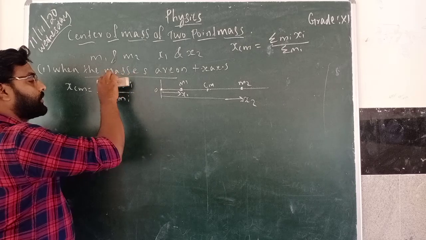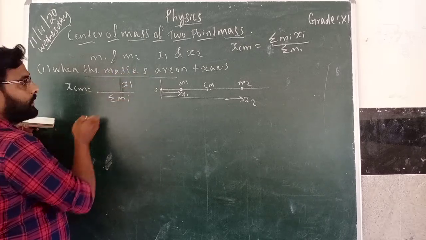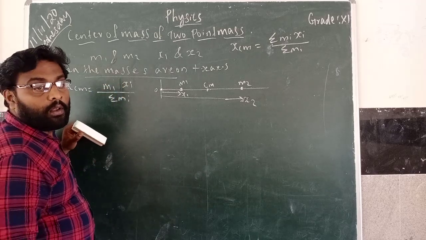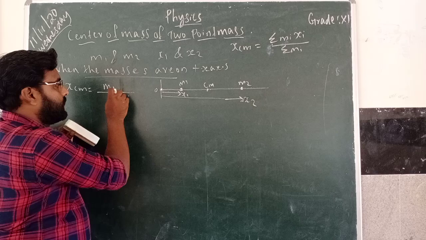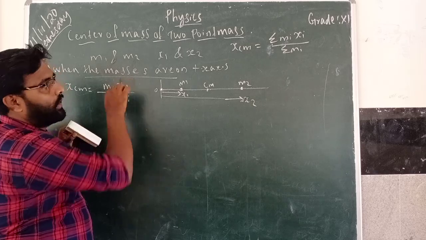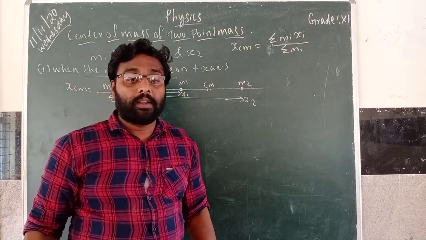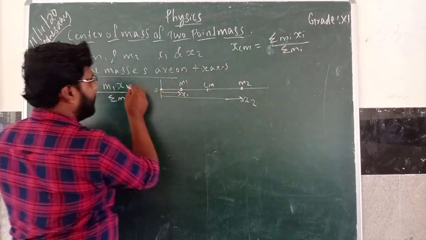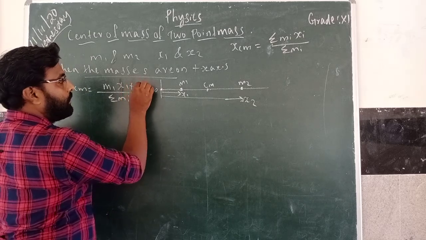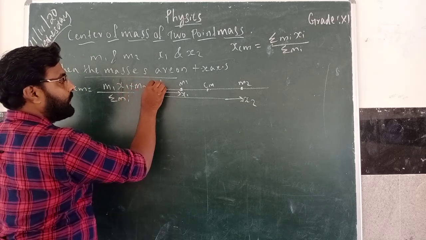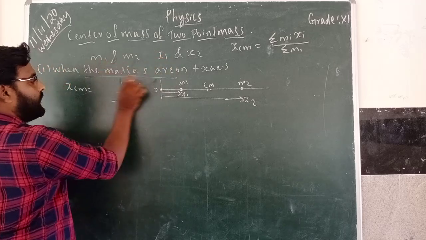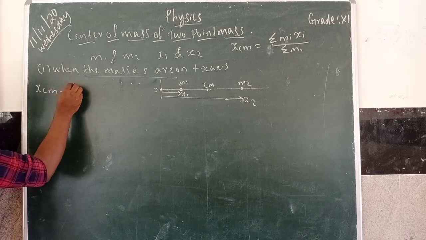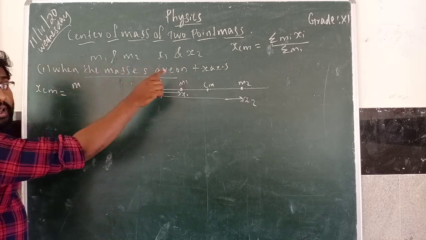All the masses you can use. So here your mass is M1, at the position x1. Then the summation is there, so plus M2 at the position x2. You see, xcm equal to summation mi xi.